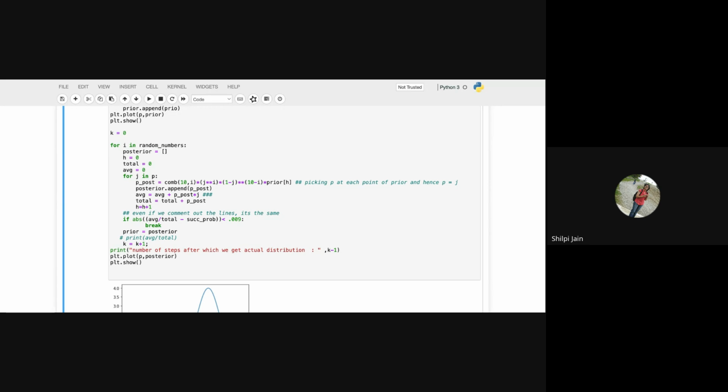Otherwise, we can take it tomorrow. I don't see anyone has a question, and there is no question on the chat also. I'll share the notebook with you all, and you can have a look at how we have done it, and we can discuss this exercise tomorrow.